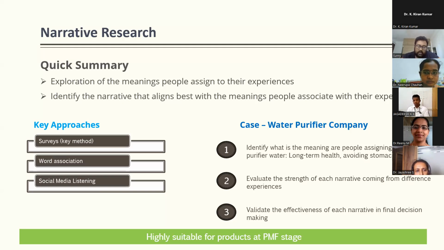Then there is social media listening, because people are talking about your product or brand. Like I said, there are a lot of APIs and tech integrations which can be used to get synthesized data around different keywords. So social media itself is a very powerful tool, because it tells you how people are talking about your brand.